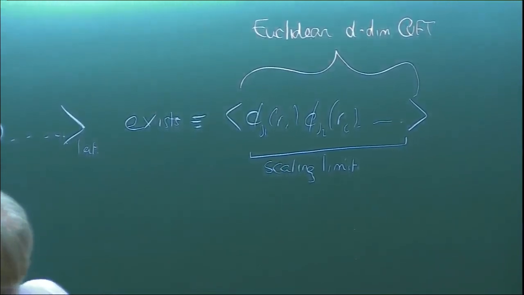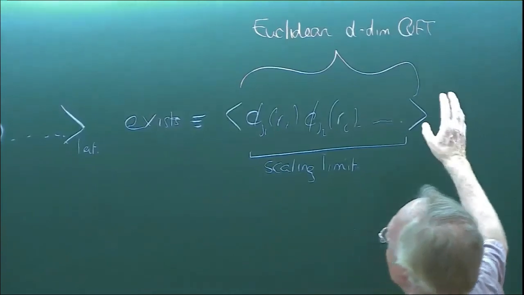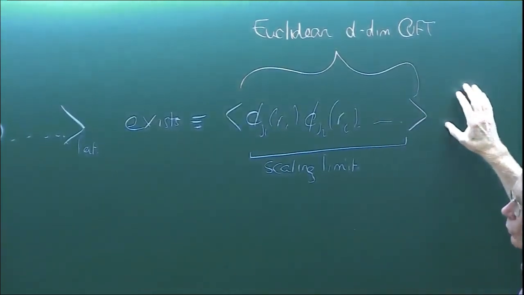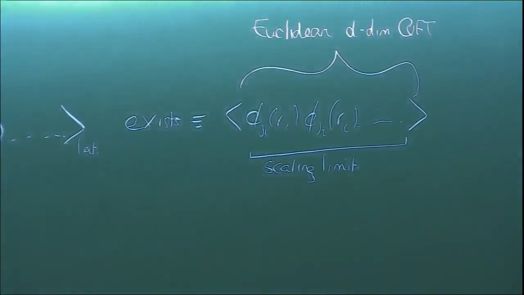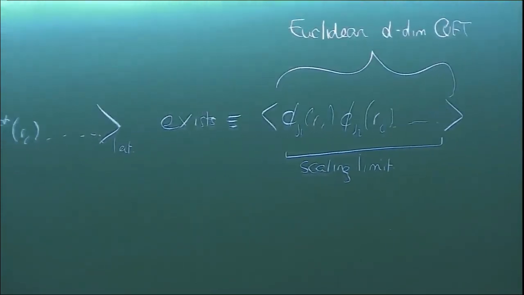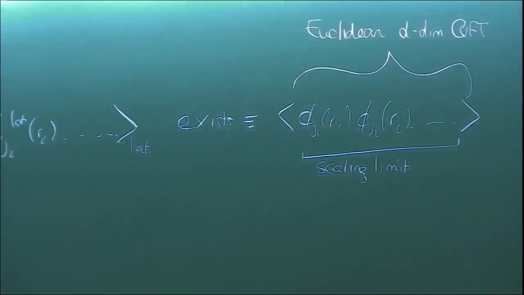More recently, I should say, in the case of the two-dimensional Ising model, this has actually been proved. It was proved in a series of papers by Stanislav Smirnov and his collaborators, and for that work he received the Fields Medal. So you can tell how hard it must be to actually prove this. So I'm not going to prove it.